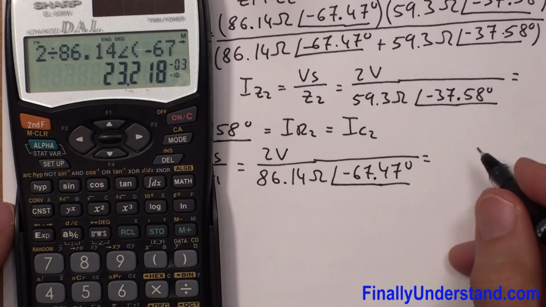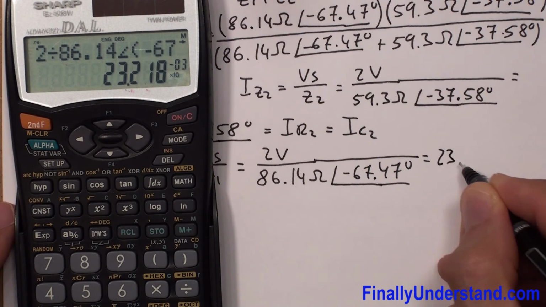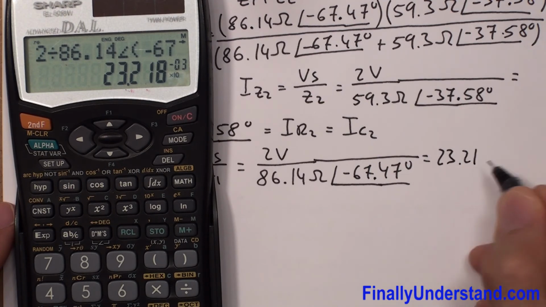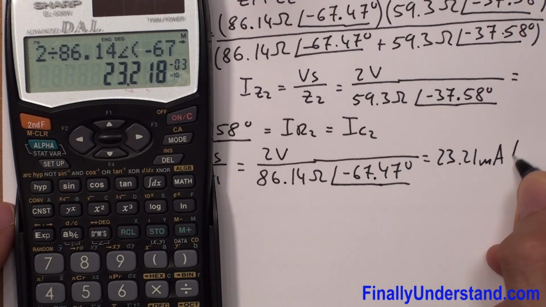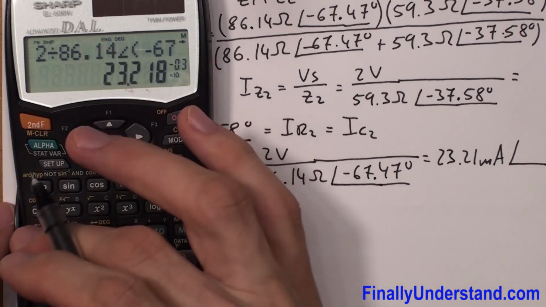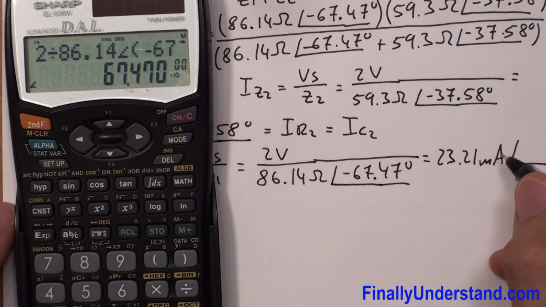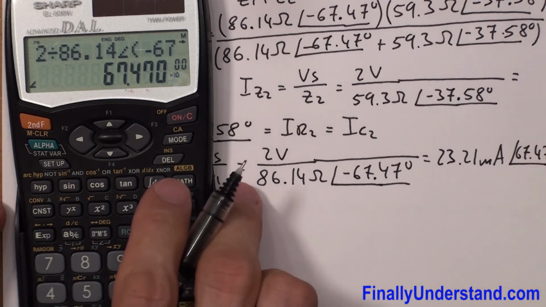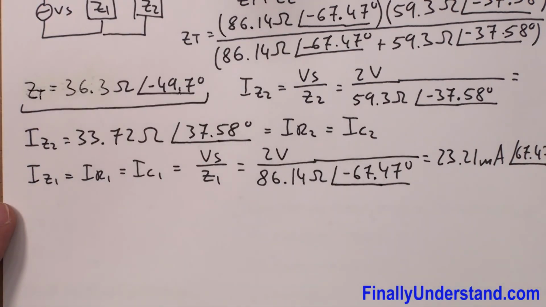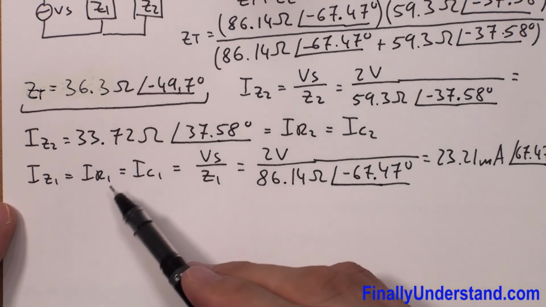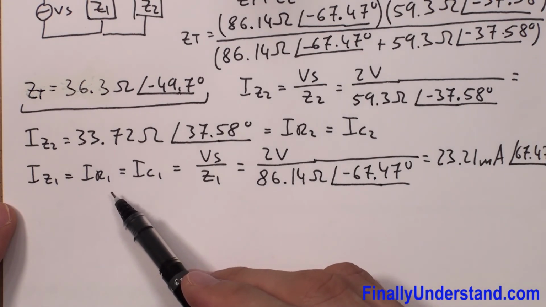This is equal 23.21 milliamps and angle of 67.47 degrees. Okay, so this is my current which goes through resistor R1.